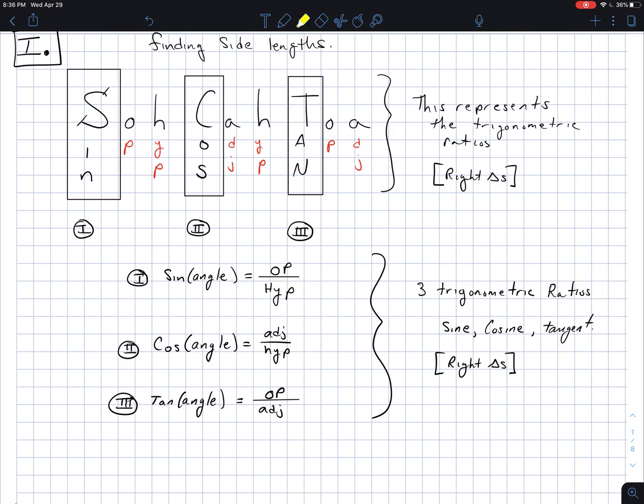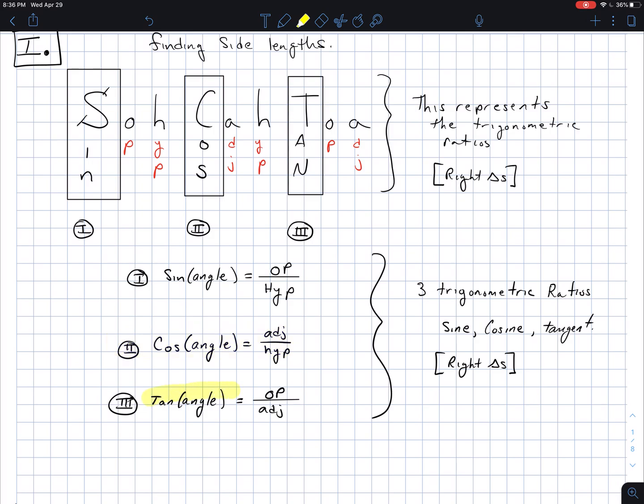The sine, for example, with a particular angle, has the relationship of the opposite side to the hypotenuse. The cosine with respect to a particular angle has the relationship of adjacent to hypotenuse.